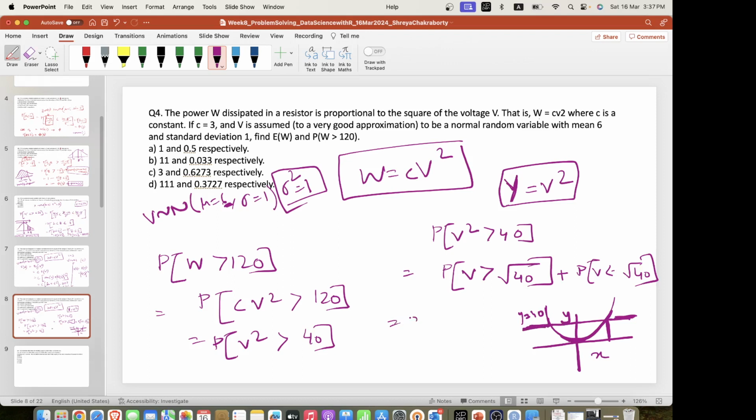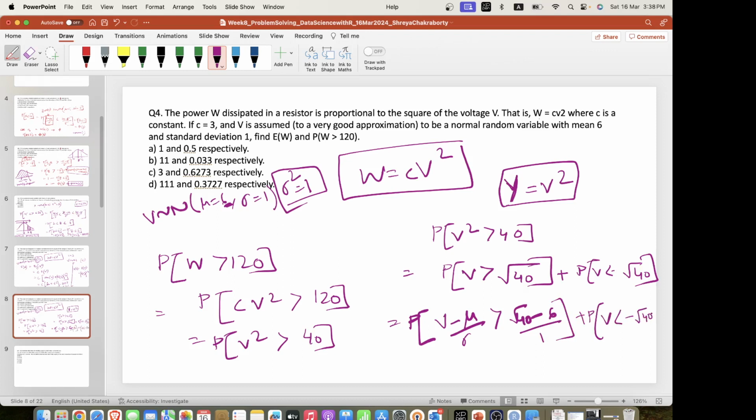So then how much should this be? This should be the probability that V minus mu by sigma is greater than root 40 minus 6 by 1, plus the probability that V is less than minus root 40 minus 6 by 1.